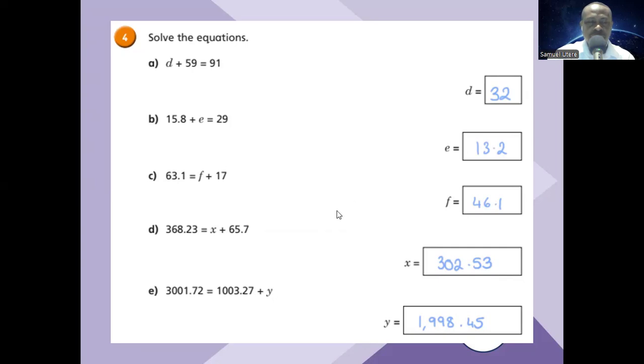So here are the answers. If you are not sure about how fact families work or how to use the idea to solve this problem, you can go back to the previous lesson, which is lesson 2, to gain a deeper understanding.